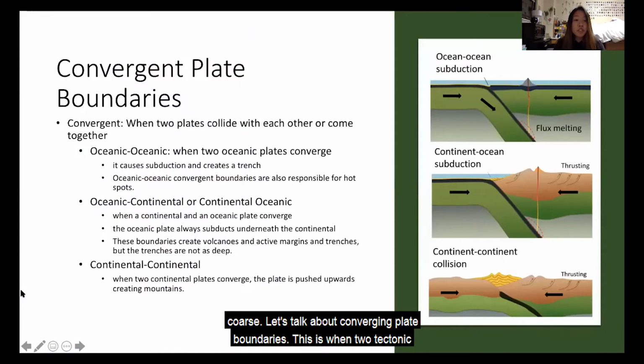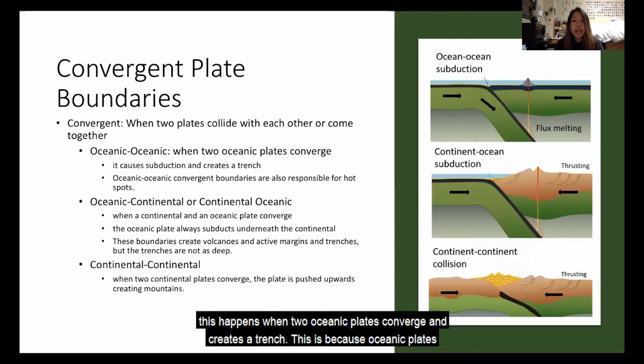Let's talk about convergent plate boundaries. This is when two tectonic plates collide with each other. We have three different types of convergent plate boundaries: oceanic-oceanic, oceanic-continental, or continental-continental. So for oceanic-oceanic, this happens when two oceanic plates converge and creates a trench. This is because oceanic plates are denser than continental plates, and as a result, they naturally subduct, or go underneath into the mantle.